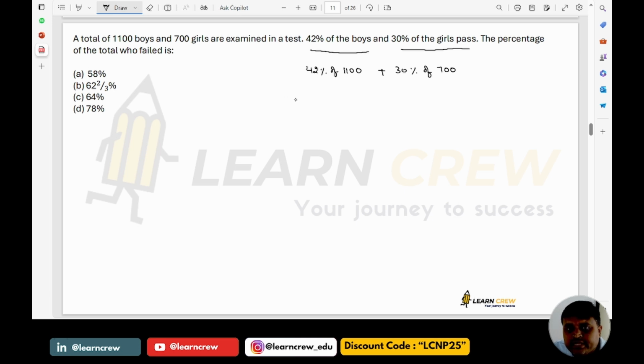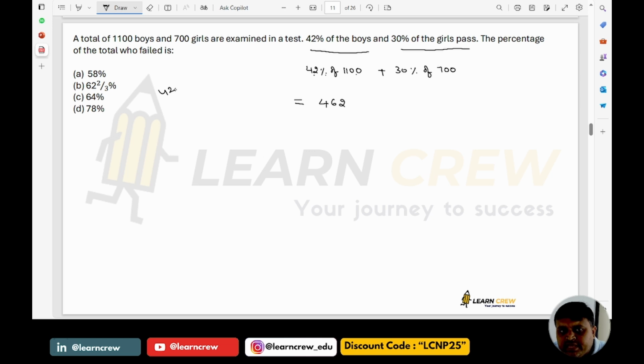You have to understand conceptually and apply your calculation skills. 42% means what? Per every 100, 42. For 1100, 11 forty-twos, how much? 462. It's very simple.